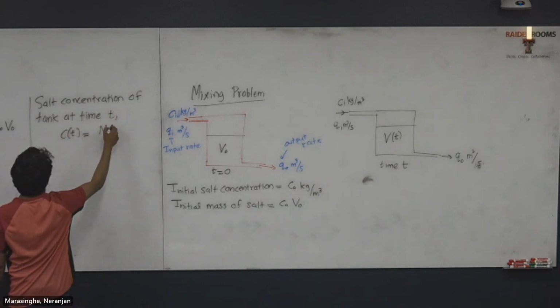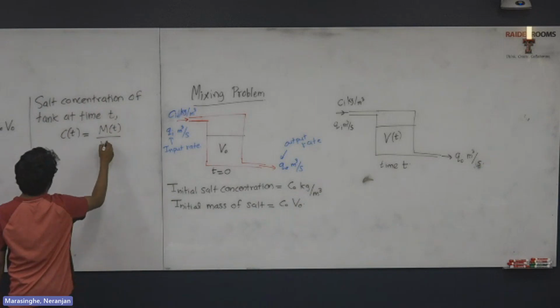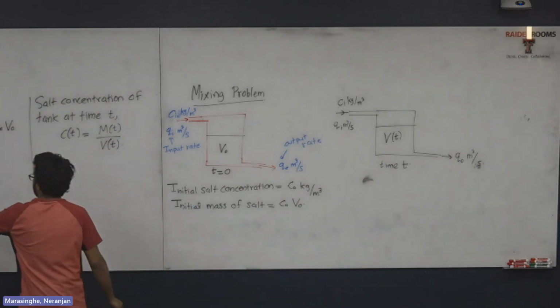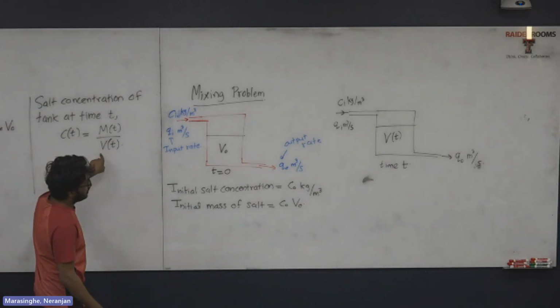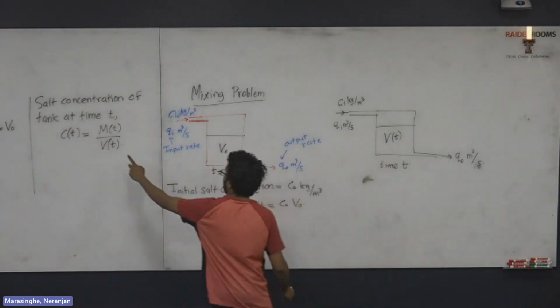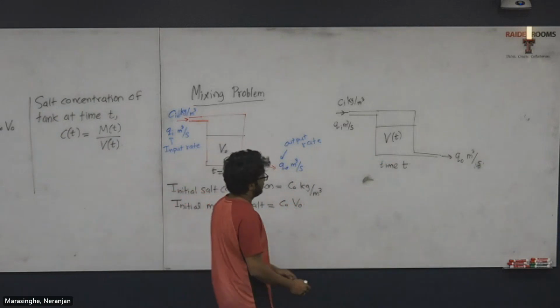C(t) is M(t) divided by V(t), because I know the mass of the salt at time t, which is M(t), and the volume of the tank at time t is V(t). So then I can find the concentration.